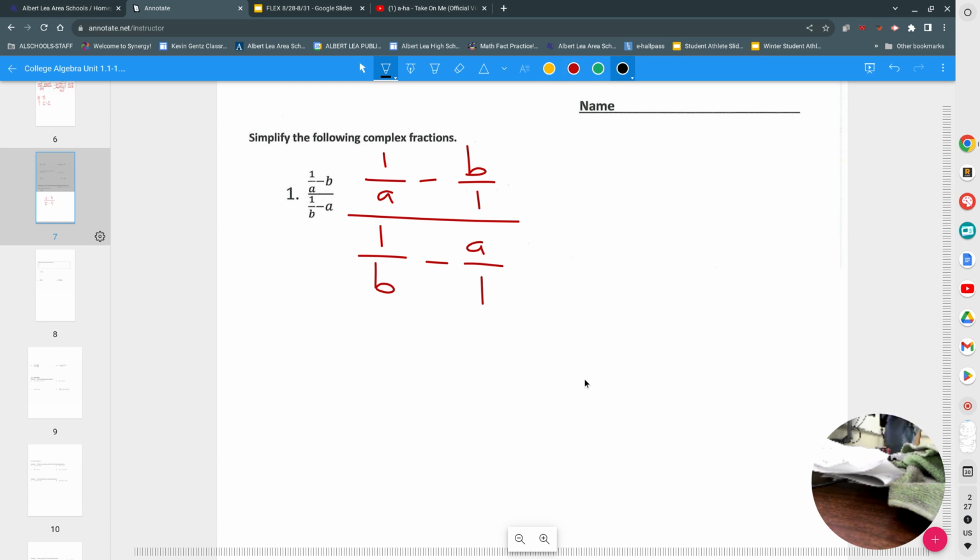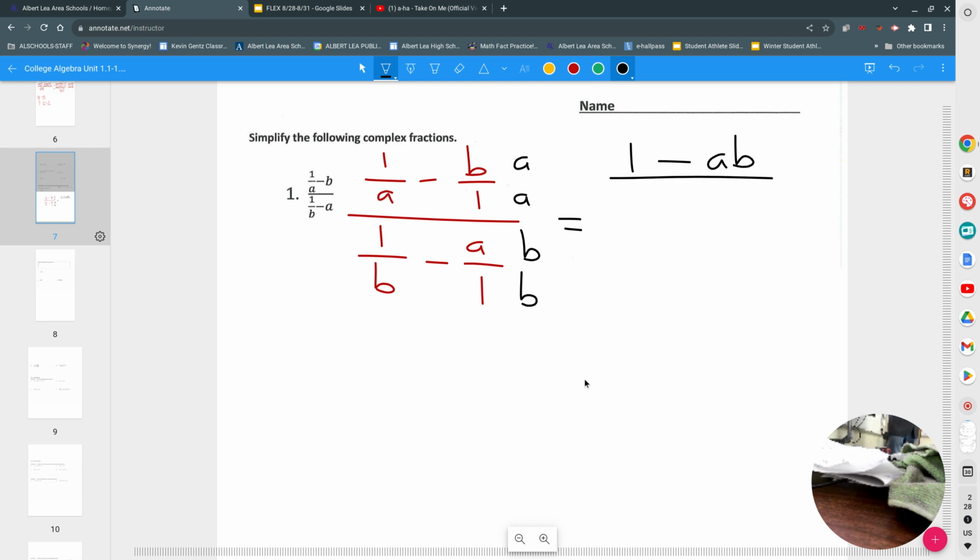A. So I'm going to multiply the top and bottom by A. What's the common denominator going to be here? B. So I multiply the top and bottom by B. Notice that in your numerator here, we're left with 1 minus AB.